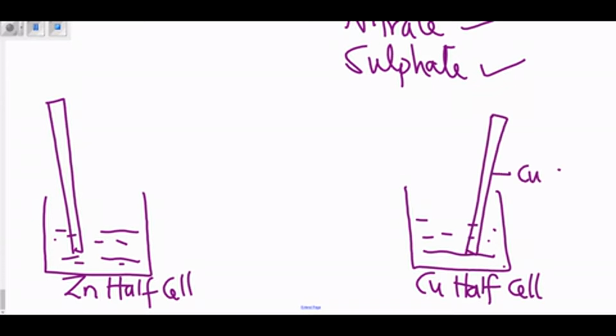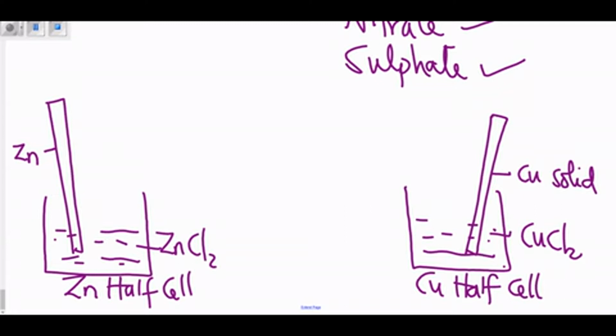This is copper, this has to be solid, and this is zinc as well. In this case, let's have a zinc chloride salt here, and here we have a copper chloride. It could be sulfate, could be nitrate, but it just has to be a salt.